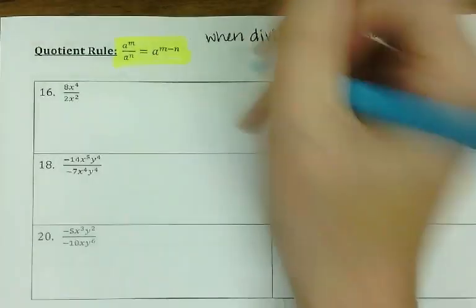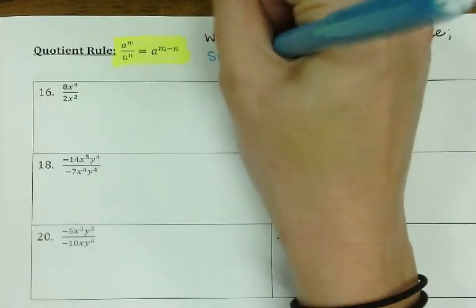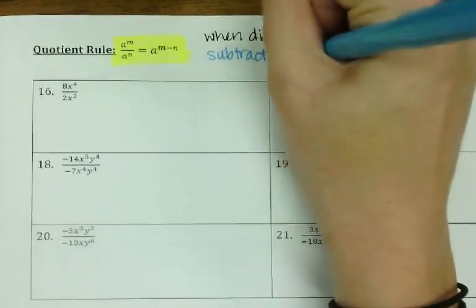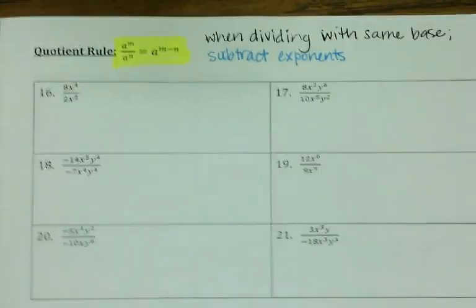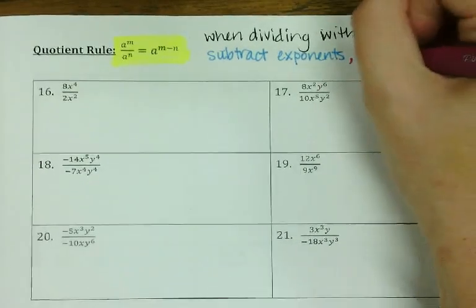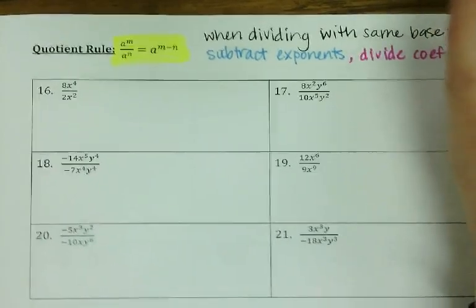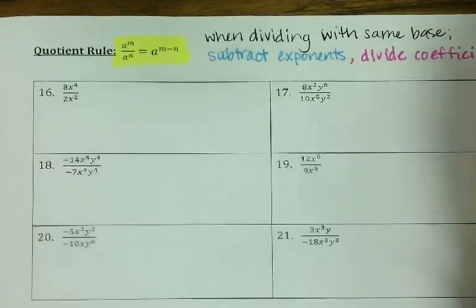Minus exponents. Now we subtract exponents. All right, guys, so you keep that base, but you subtract your exponents, and then you do exactly like you would with the multiplying, but now we just divide our coefficients normally.